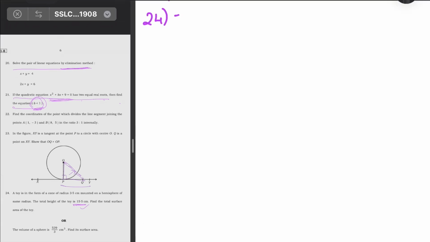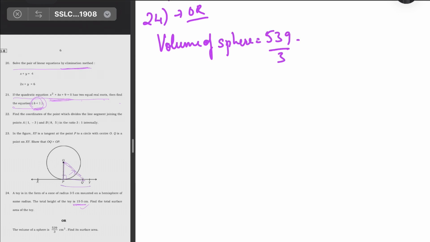They have given the volume of the sphere is 539 by 3 centimeter cube. We should find the surface area, that is the surface area of the sphere, nothing but the curved surface area of the sphere.